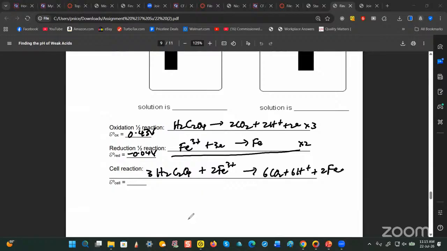That would be the net reaction, and the EMF of the cell would be the sum of these two, which would be 0.43 minus 0.04, and according to my calculation, that would be 0.39 volts.